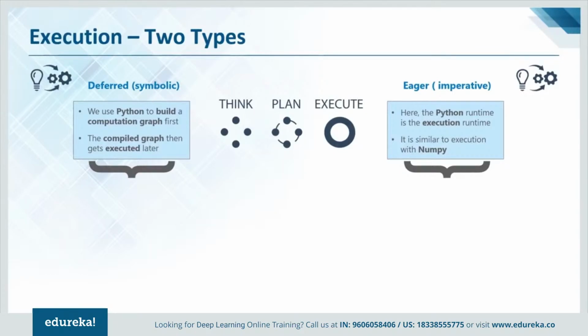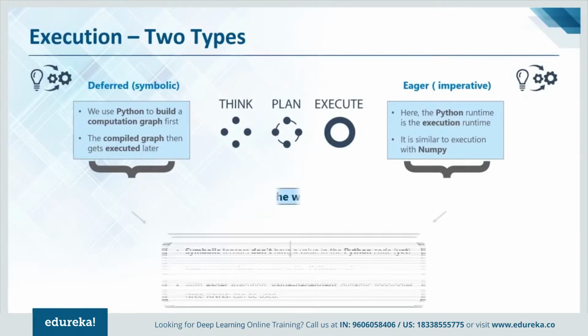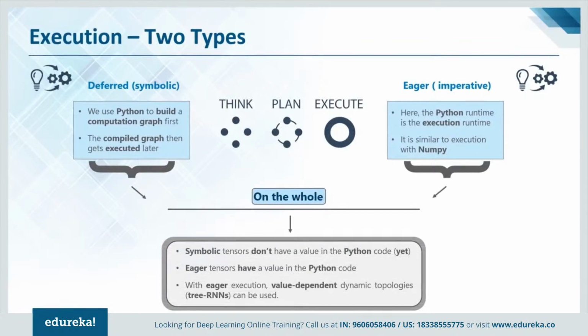It is very similar to execution with NumPy. So if you're familiar with NumPy, then it's a cakewalk, guys. So on the whole, here is a quick note. Symbolic tensors don't have a value in the Python code as of yet, but eager tensors will have a value in the Python code. And with eager execution, we make use of a type of recursive neural network called trees. So guys, it is basically a value-dependent dynamic topology structure.